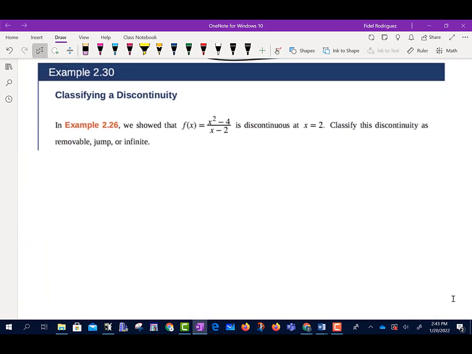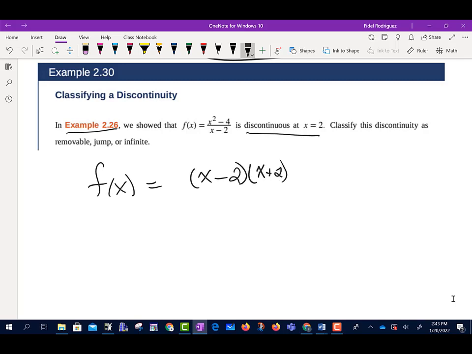Okay, so now it says, we showed in example 2.26 that the graph was discontinuous at x equals 2. Classify this discontinuity as removable, jump, or infinite. So look, the easiest way to do this, again, you could always look at the picture, but if you factor the numerator into x minus 2 and x plus 2, and now we say, look, we're going to go ahead and cancel these common factors.